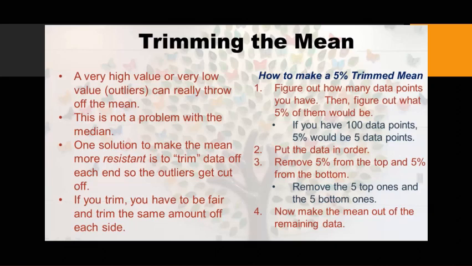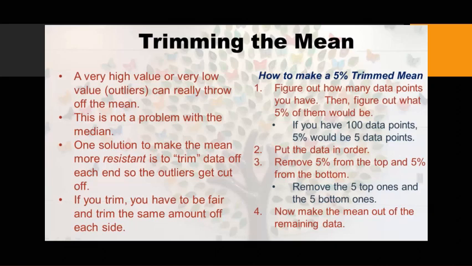Okay, if we have that issue where we feel we have some really high or really low values that are outliers, and they're really throwing off the mean, and we don't want it to be a problem in our data, what we can do is trim the data.